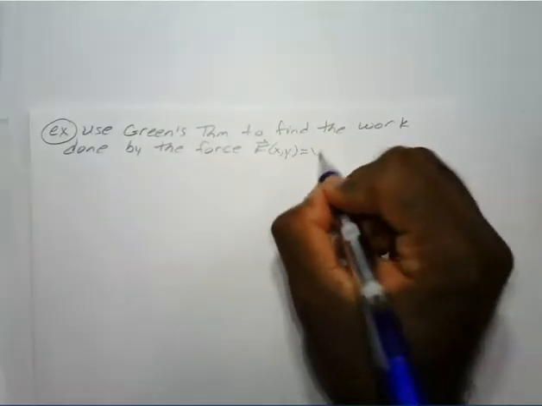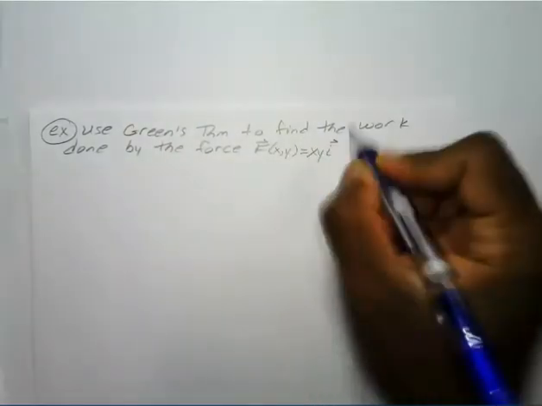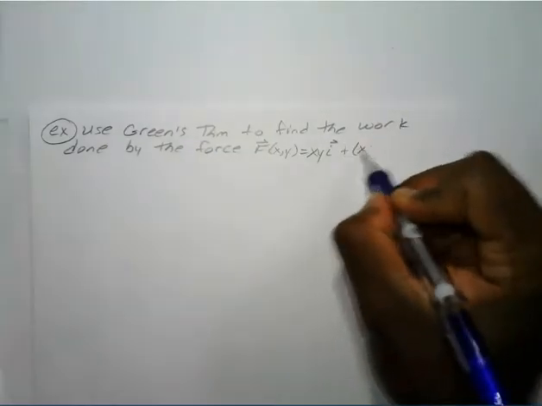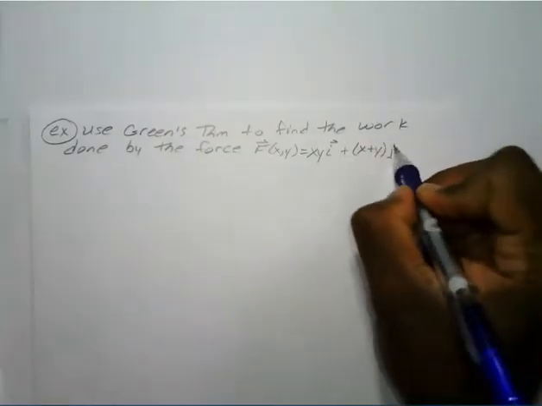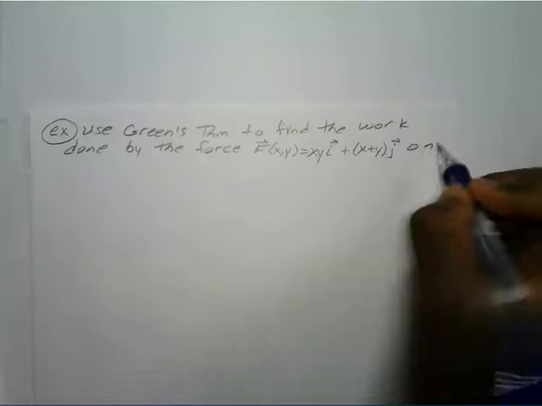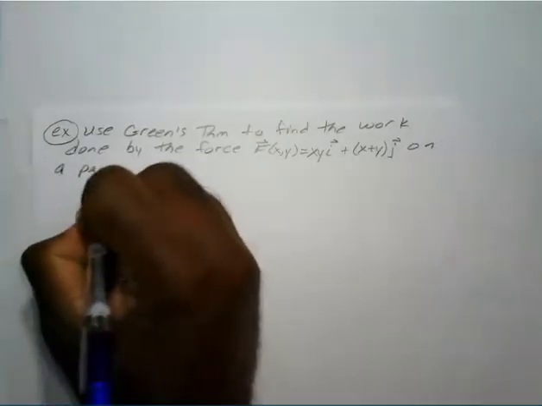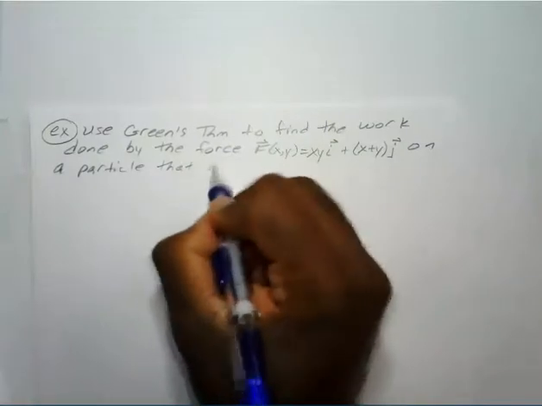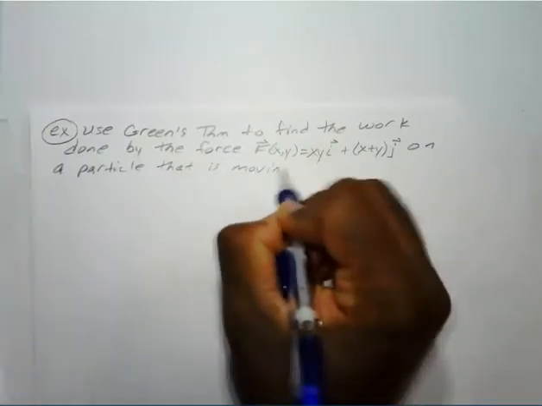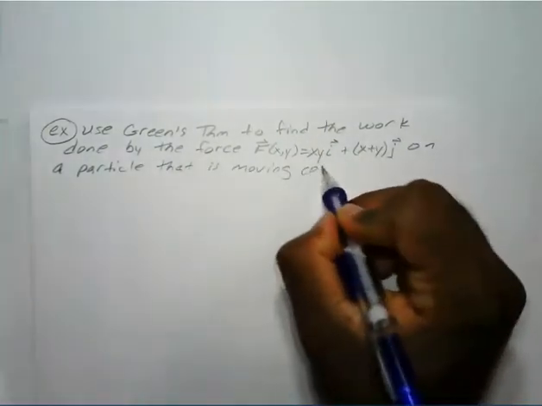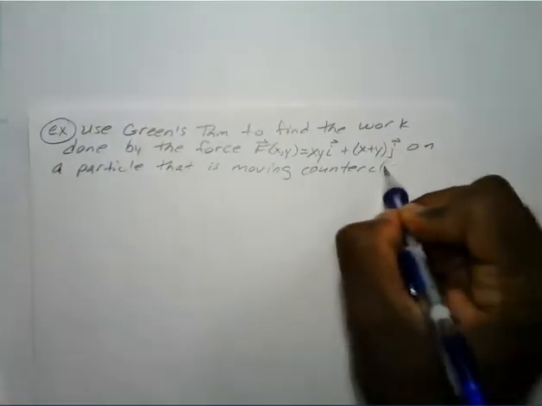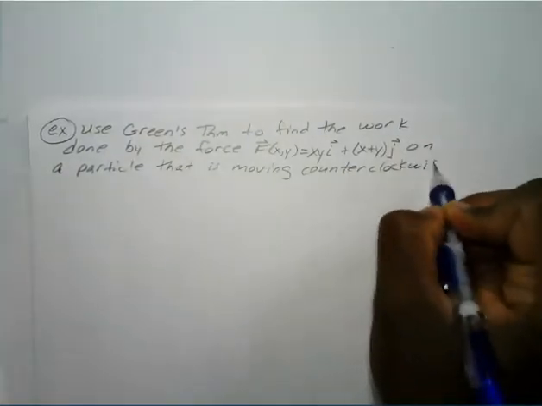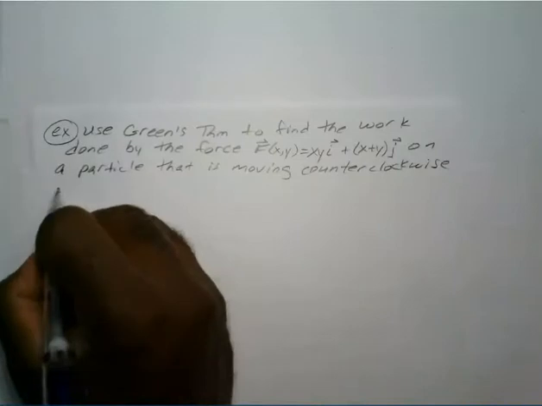So we have xy times the i unit vector plus (x + y) times the j unit vector on a particle that is moving counterclockwise around a closed path.